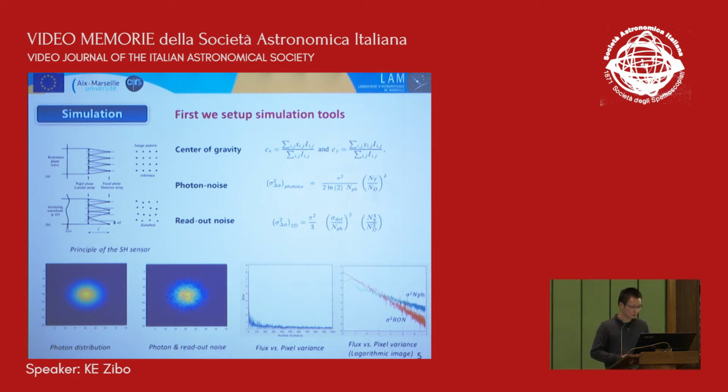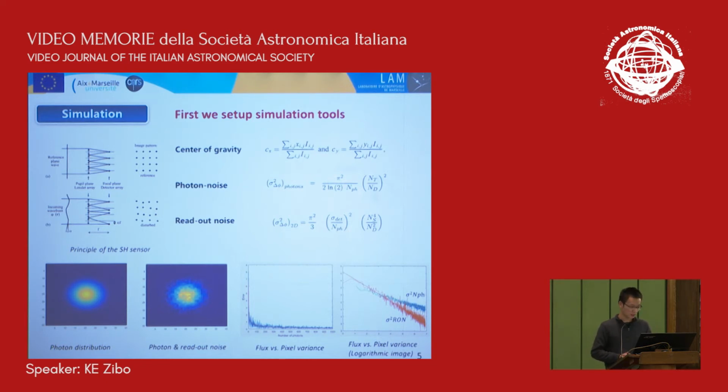Here we use Shack-Hartmann sensors, and we also measure two of the important noises. These are photon noise and readout noise. We can see in the simulation there is a good image. If we add the photon and readout noise, the image will be distorted.